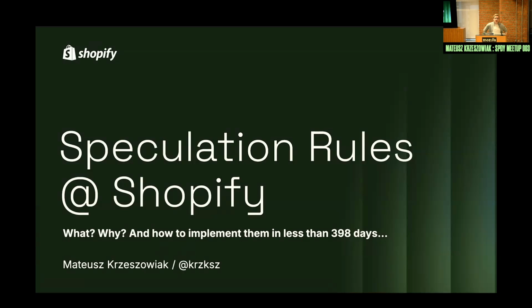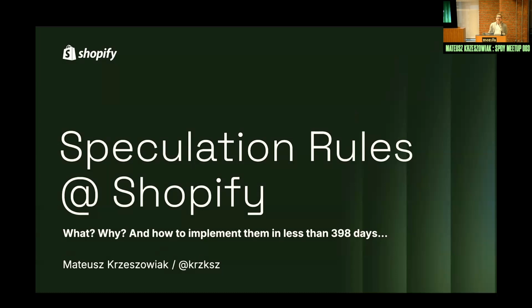and I'll be telling you a little bit about the speculation rules and why, at Shopify, we decided to implement them, what they are in general, and I'll be able to share some things on how to do them faster than we did, because it's been 398 days and we are still not exactly there 100%, but we'll talk about that a little bit.